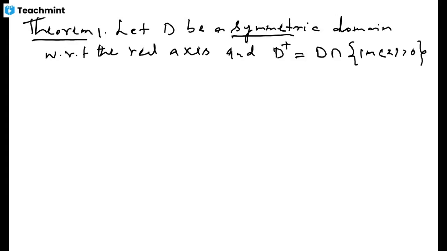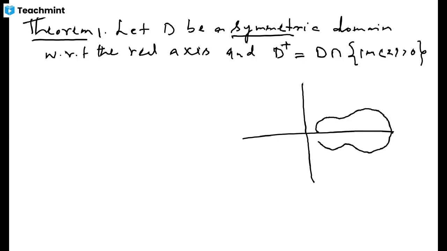Note that when we say it is symmetric with respect to the real axis, it cannot be a domain which entirely lies above or entirely below the real axis. It is a domain which is equally above the real axis, and whose equal and symmetric part lies below the real axis. So it has to be this kind of type.